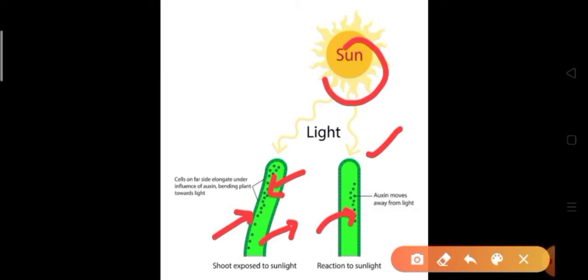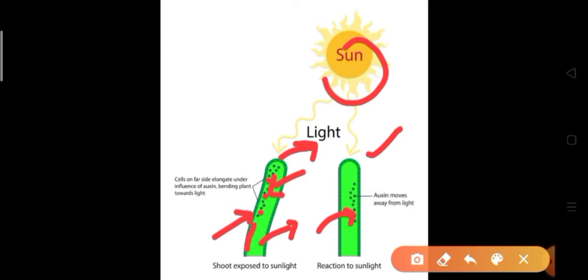Then the auxin moves towards the darker side of the plant, causing the cells there to grow larger, compared to the corresponding cells on the lighter side of the plant. So this produces the curving of the plant stem tip towards the light. It bends towards the light.